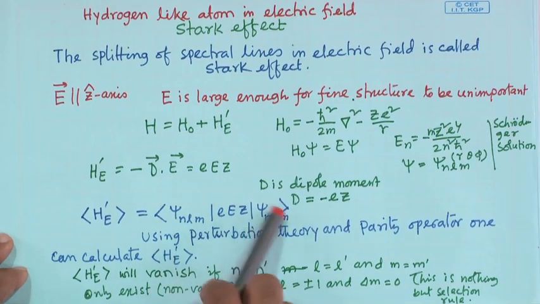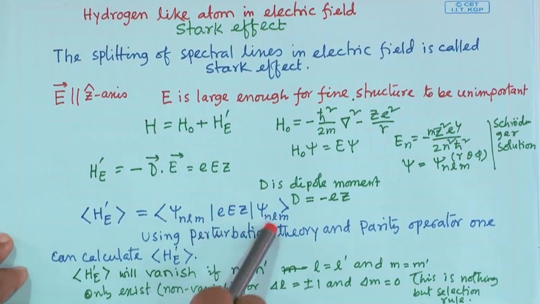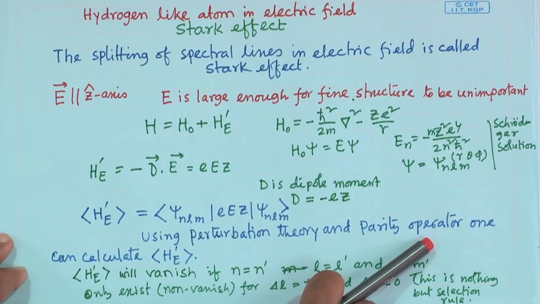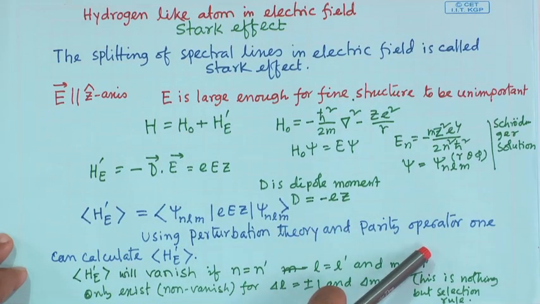Calculating this again requires quantum mechanics, basically perturbation theory and the parity operator. Using these, one can calculate this perturbed Hamiltonian correction term.